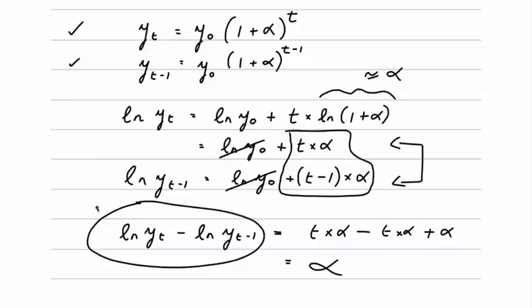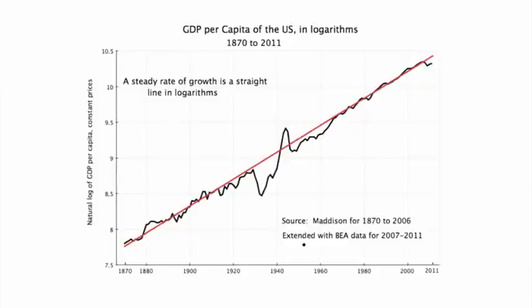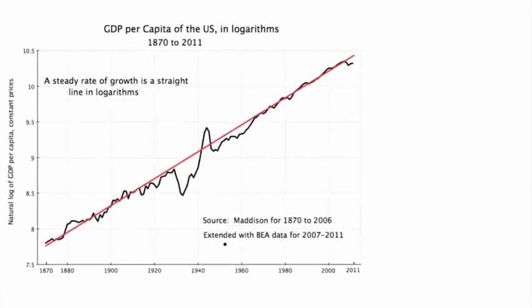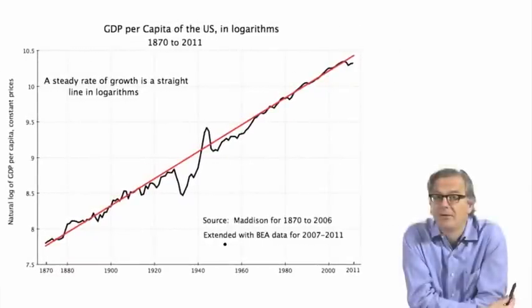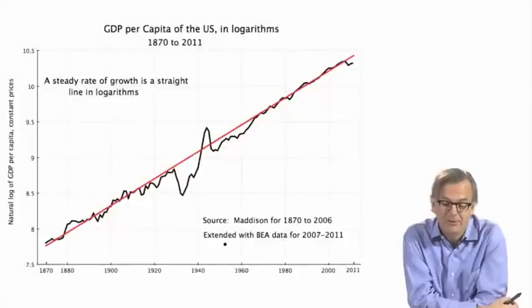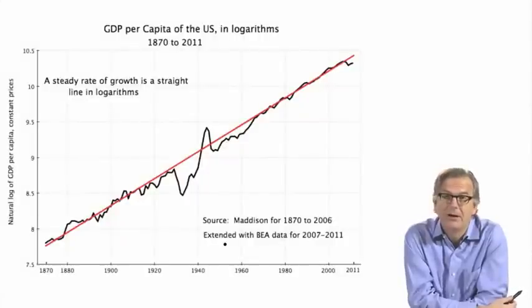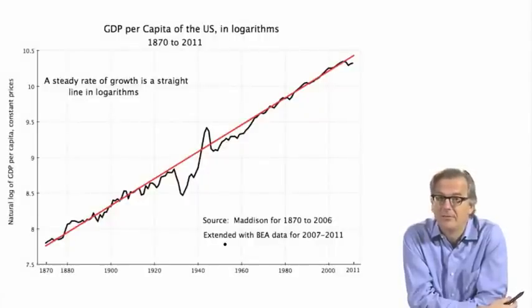It's telling me if I take the natural log of GDP and then take the difference between one period and the previous period, that difference gives me the growth rate, alpha. Now, why is that interesting? What you're looking at here now is our graph of per capita GDP, but this time I've taken the logarithm of GDP, the natural logarithm.